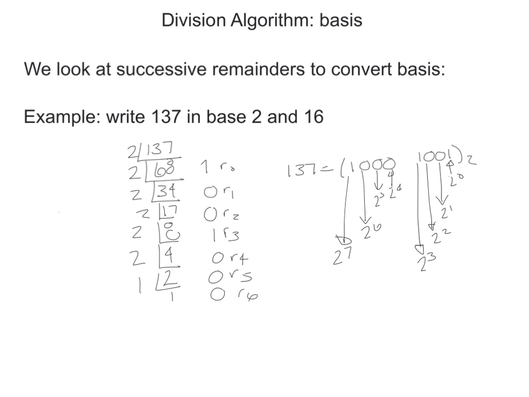So we have 1 times 2 to the 7th, which is 128, plus 0 times 64, plus 0 times 32, plus 0 times 16, plus 1 times 8, 2 to the 3rd, plus 0 times 4, plus 0 times 2, plus 1, which will give us 137.